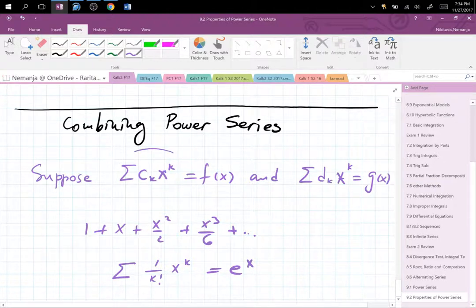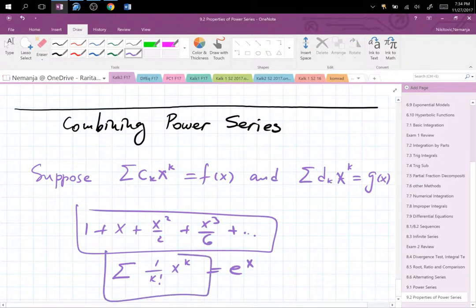So when I say that some power series converges to f, that means whatever power series you get, you can write it in the summation form, and it converges to some kind of function. We've seen power series for ln, sine, cosine and e. There are power series for everything else.